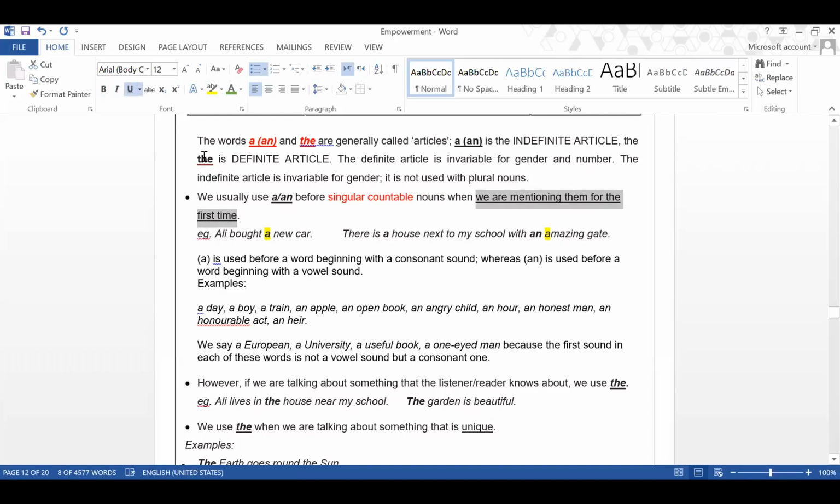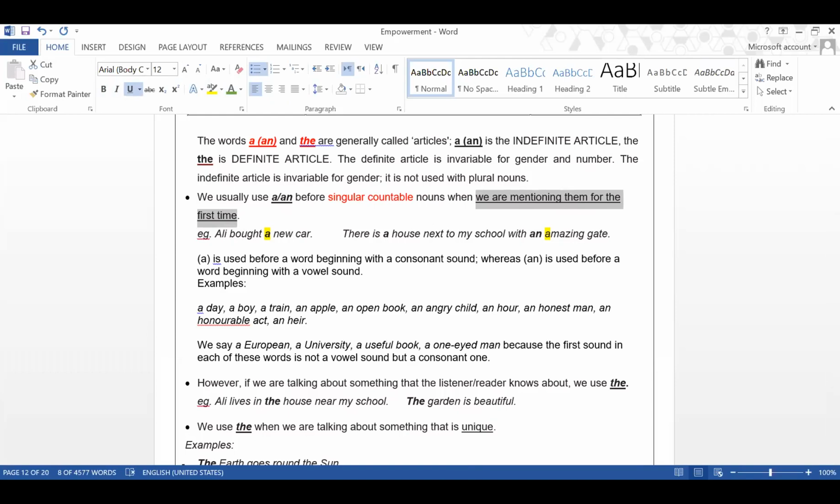What if these nouns are known by the speaker and the listener? In this case, I don't use the article a or an. I use the article the.